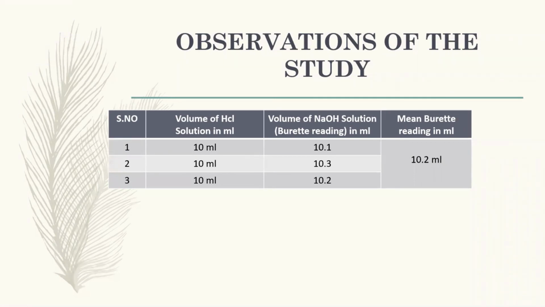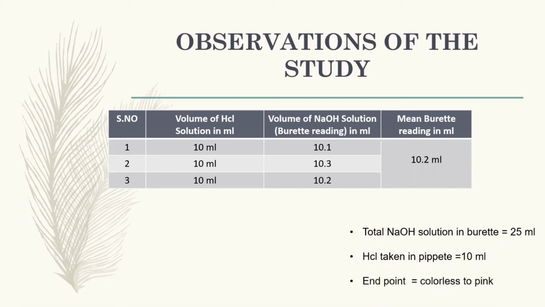And the third column shows the mean burette reading in ml. Total NaOH solution taken in burette 25 ml. HCl taken in pipette 10 ml. Endpoint is colorless to pink color.